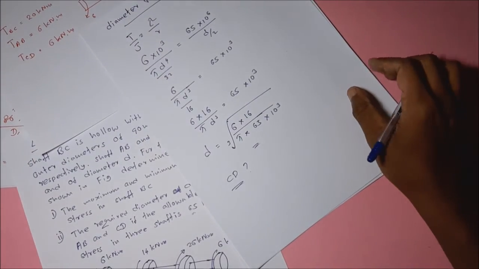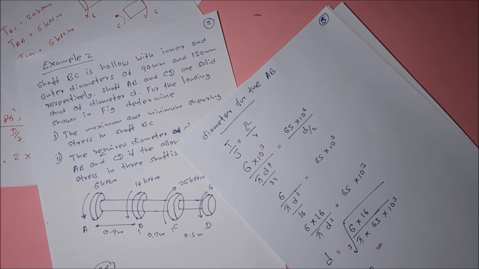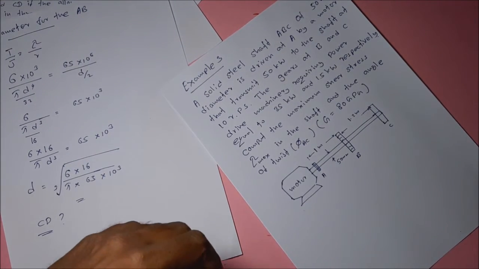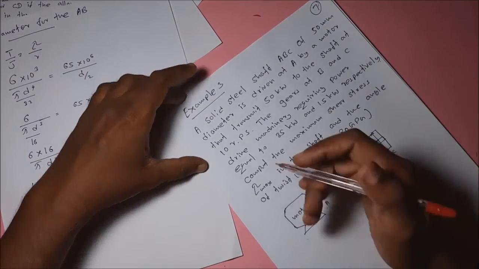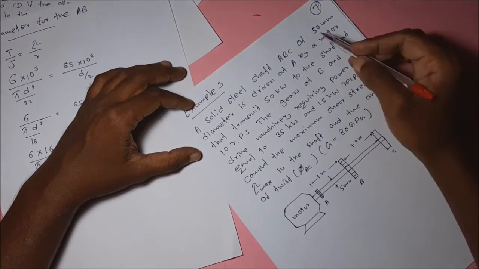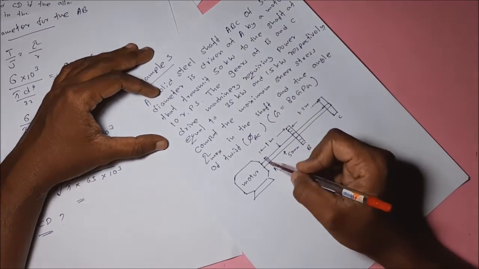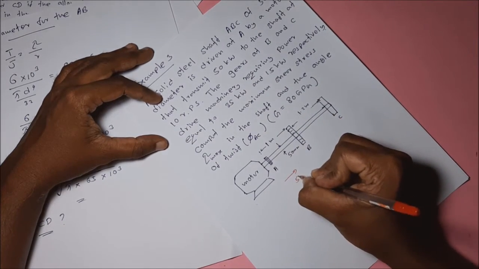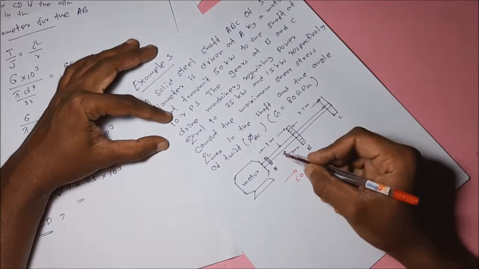Okay, let's move to the power transmission example, example 3. A solid steel shaft ABC of diameter 50 millimeter is driven at A by a motor that transmits 50 kilowatt through the shaft at 10 revolutions per second.